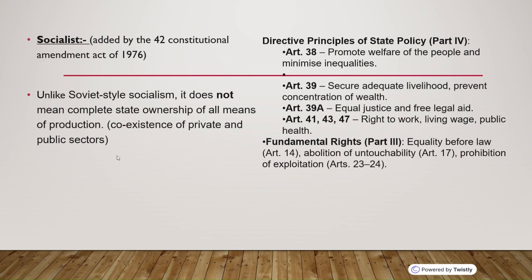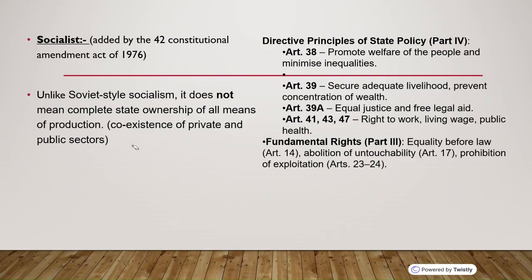The next word is socialist. This word was added by the 42nd Constitutional Amendment Act of 1976. Governments can be broadly divided into types. The first one is socialist. In a socialist economy, all the sectors of the economy are fully under the control of the government.